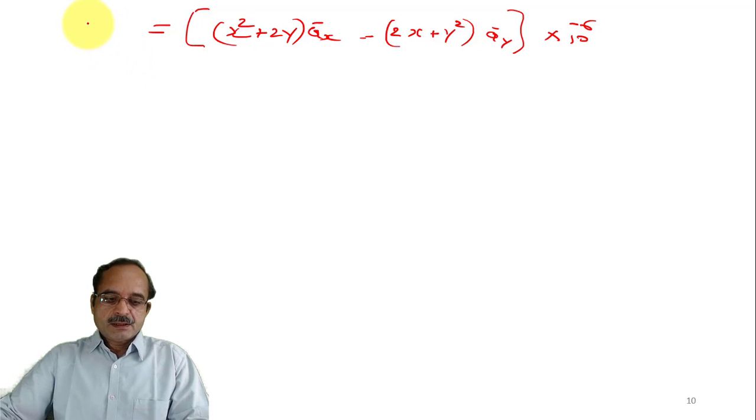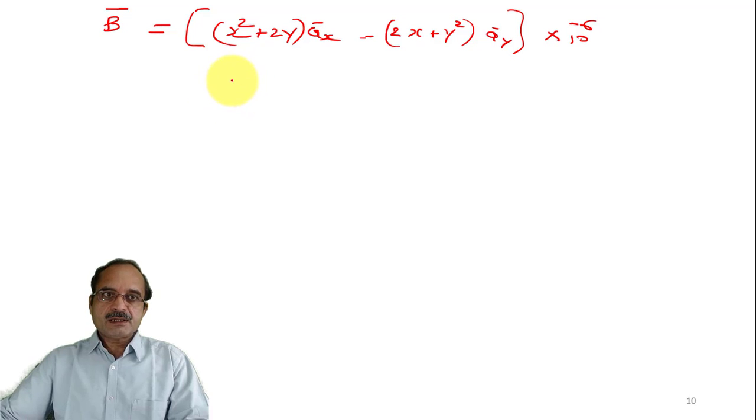So this is B, the magnetic flux density. Now in the problem we need to determine the magnetic field at point 1, 2, 3. So let us substitute x equal to 1, y equal to 2, and z equal to 3 here.